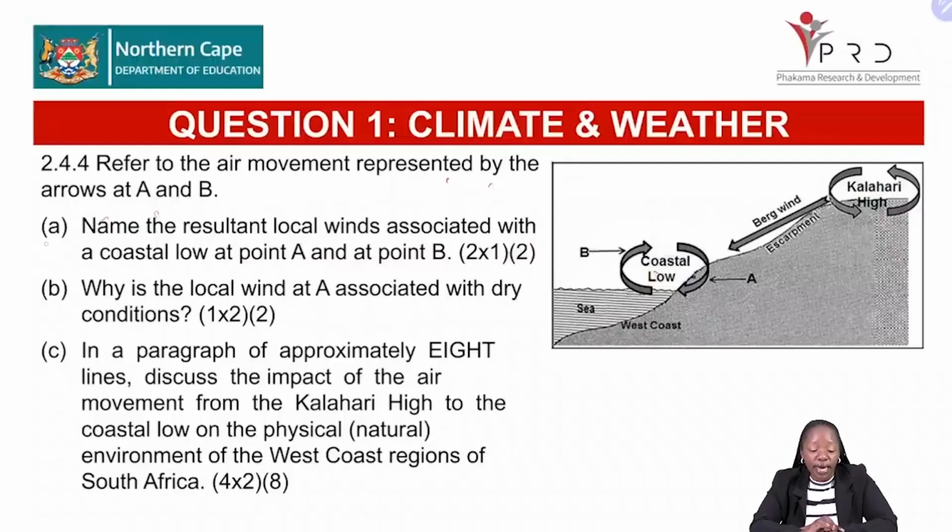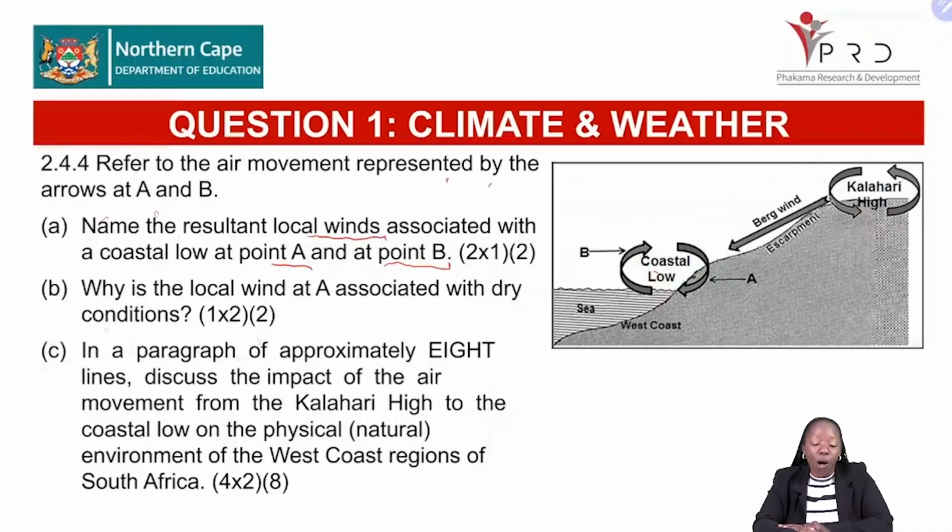So, A, name the resultant local wind associated with the coastal low at point A and point B. 2 features or 2 things that are asked in one question. Remember to be specific. Point A is this, and point B is this.